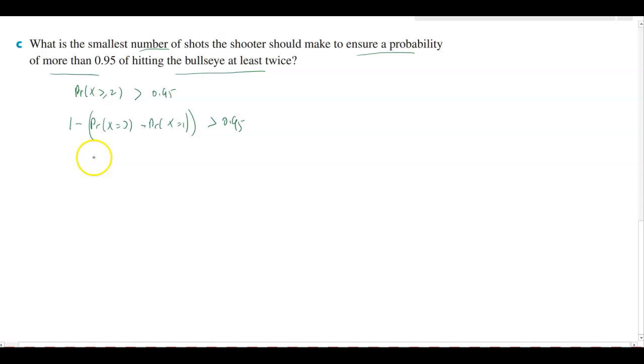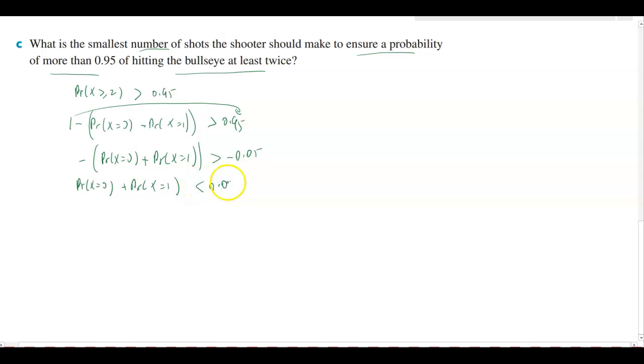And we do the same thing we did before, so we take the 1 across there, and we've got minus outside of P(x equals 0) plus P(x equals 1), and we want that to be greater than negative 0.05. Now we divide both sides by the negative, and that means we've got probability x equals 0 plus probability x equals 1, and that's going to be less than 0.05. Okay, let's have a look and see what happens next.